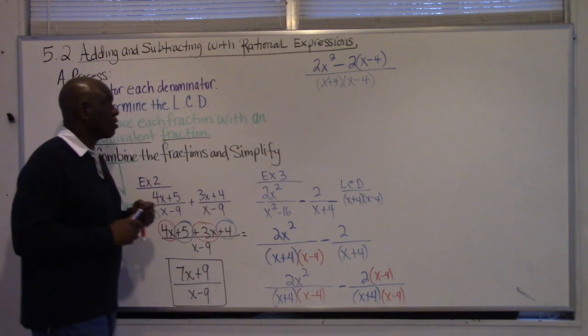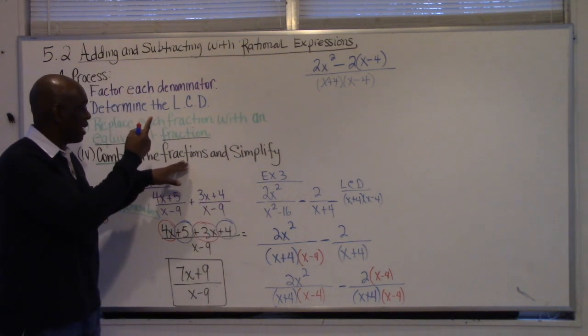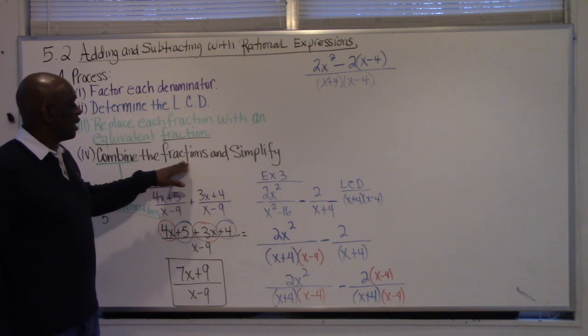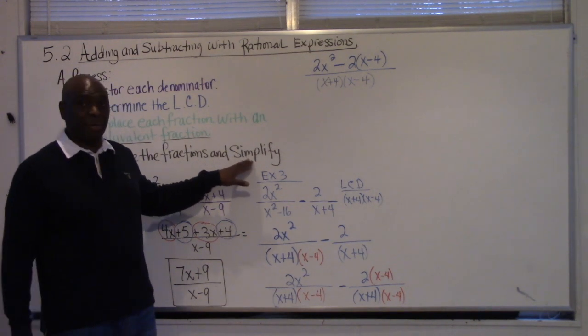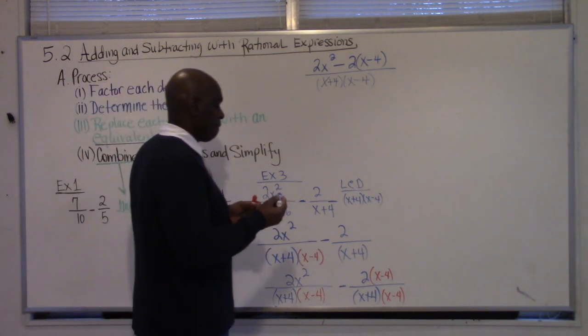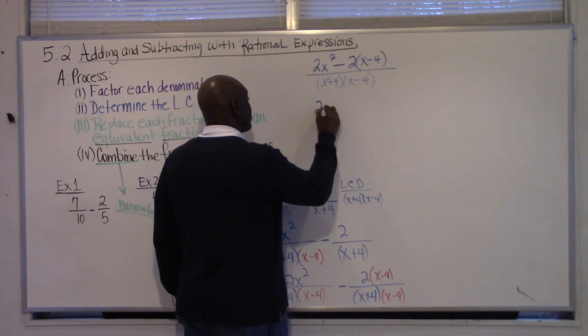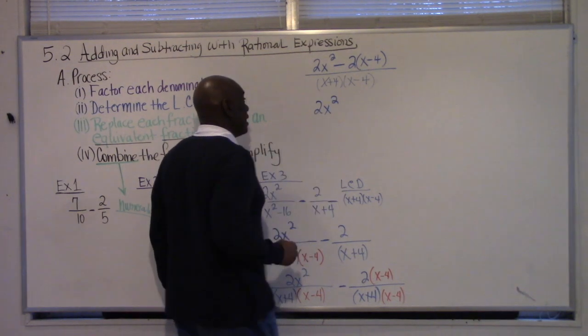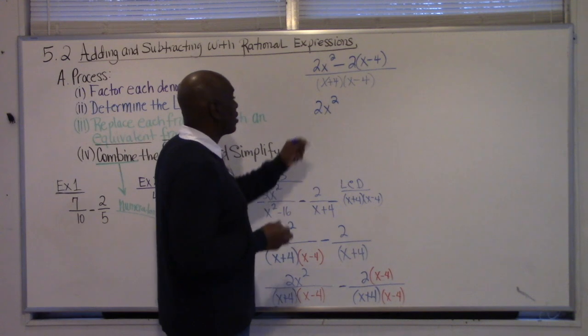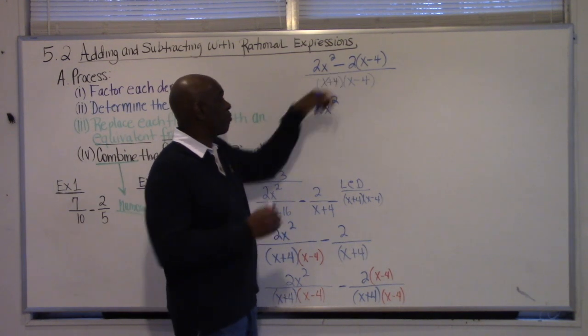Okay, so now we have combined the fraction. The only thing left to do now is to simplify it. Let's do that. So we have 2x squared. Be careful here because this negative is attached to the 2.